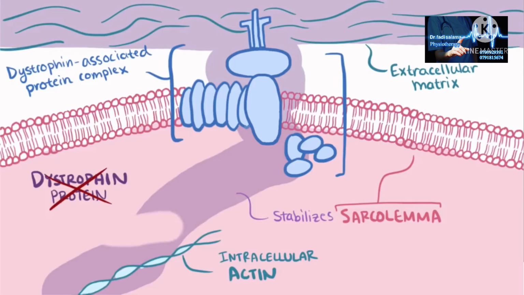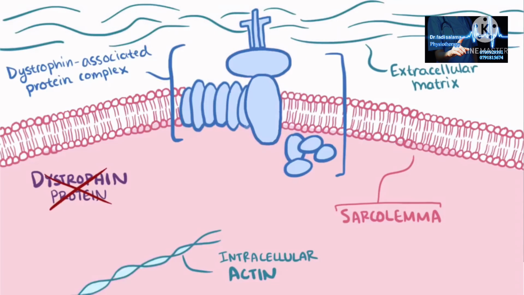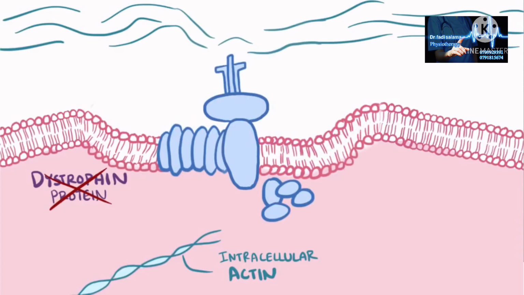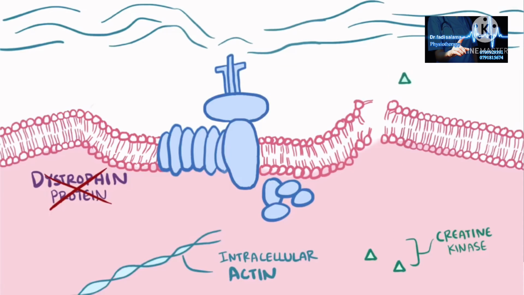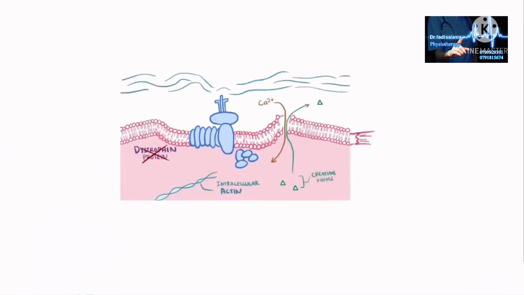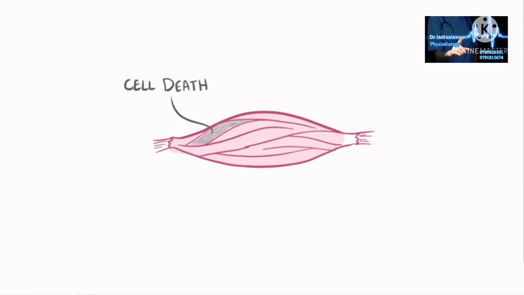Without the support of dystrophin in place, the sarcolemma essentially wilts and becomes unstable. Over time, cellular proteins like creatine kinase, or CK, start escaping the damaged cell, and calcium starts to enter the cell. And this ultimately leads to cell death.